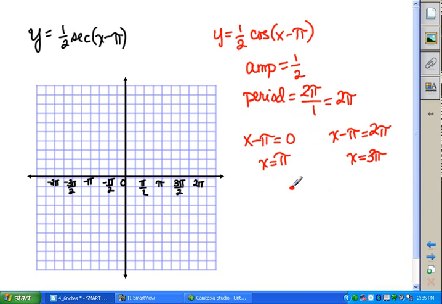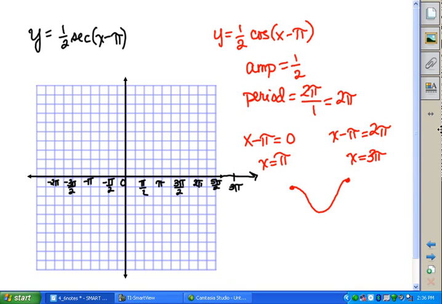Well, the graph of cosine looks like this, right? It begins up at 1. So at pi, in fact, you know what, I'm going to need to extend my graph here just a little bit. Let's see, so pi over 2, 2 pi over 2, 3 pi over 2, 4 pi over 2, 5 pi over 2, and 6 pi over 2, which is 3 pi.